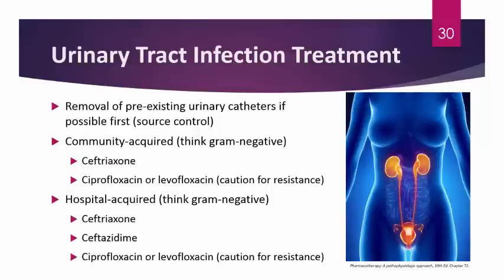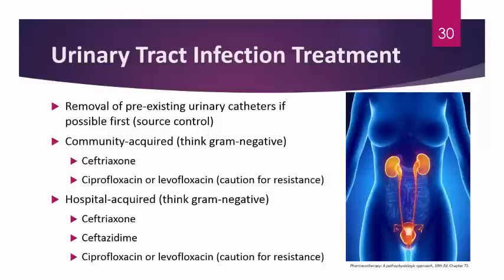Now, for community-acquired, you can also do ciprofloxacin or levofloxacin, but you have to be careful because of the nature of the infection, you may actually have increased resistance to these agents in the urinary tract. So ceftriaxone may be a little bit more reliable, though you aren't necessarily wrong if you choose ciprofloxacin or levofloxacin. It just depends on where you're at in your institution and your resistance rates.